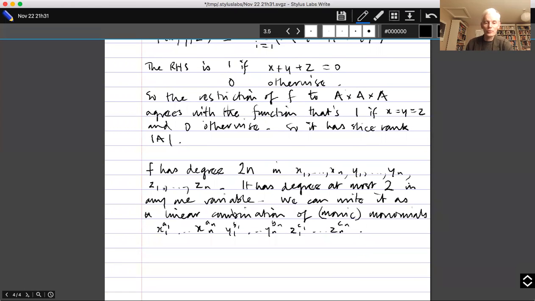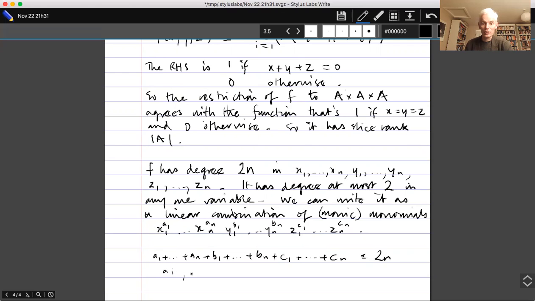So in each case, what can we say about these monomials? There'll be some coefficient in front, and we can say that a1 plus up to an, plus b1 up to bn, plus c1 up to cn is less than or equal to 2n for each of these monomials.